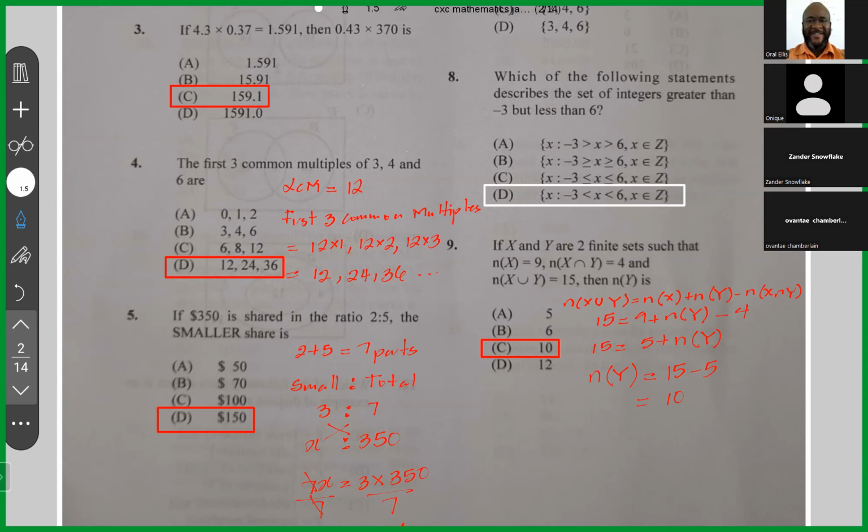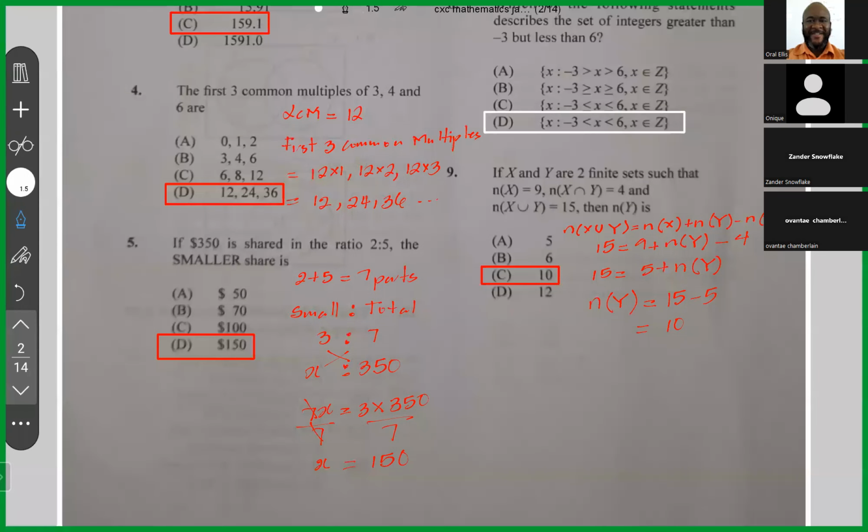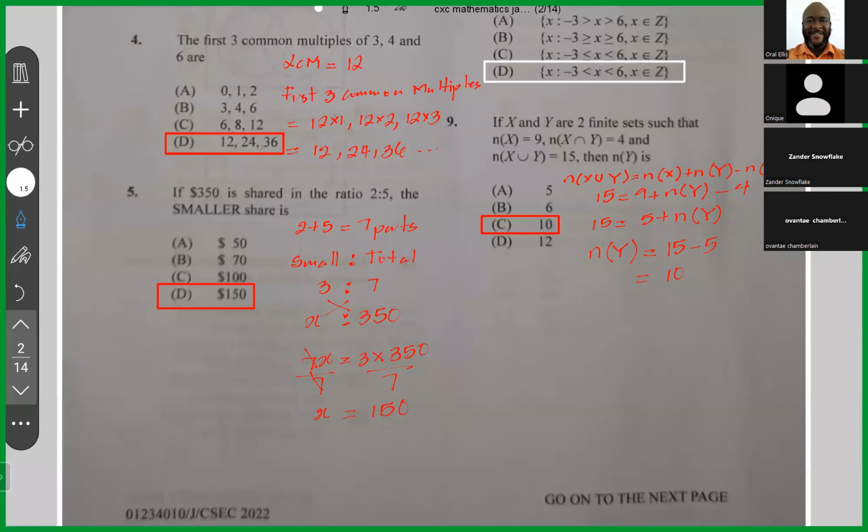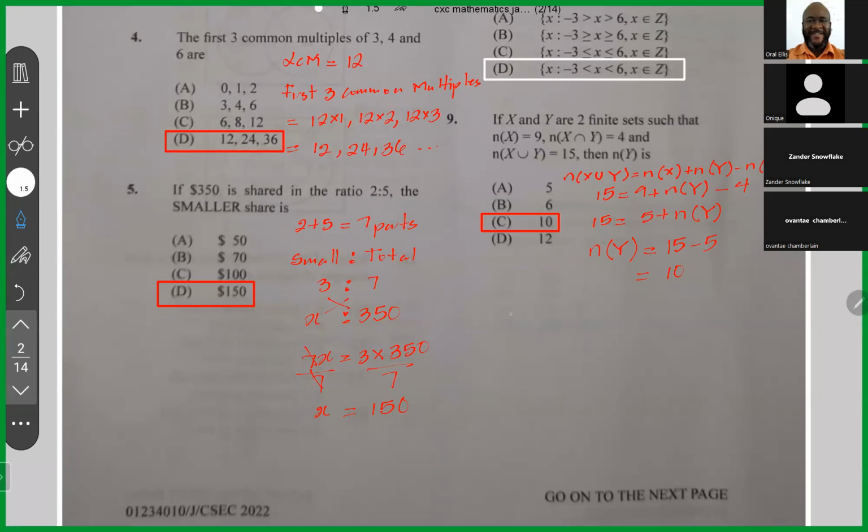Number 9, persons are still getting number 9 wrong. There's a formula for number 9. There's a formula for calculating the number of elements in the union of 2 sets.